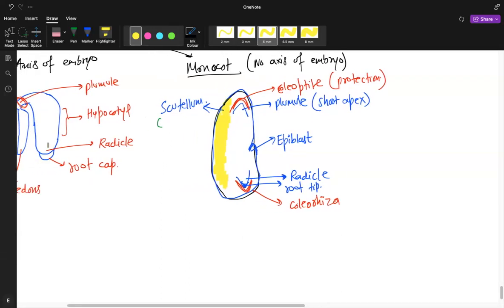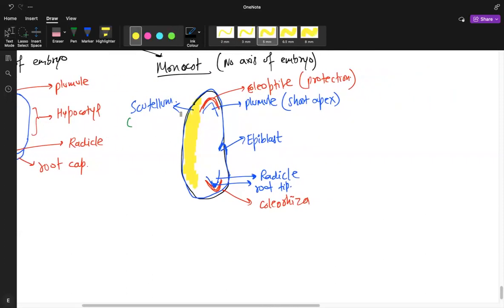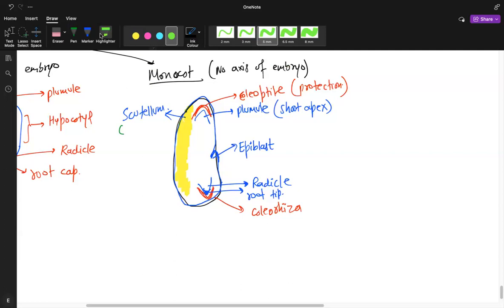In the other case, the cotyledons are present on both sides, from where the plumule comes out and this whole structure comes out. But in this case, it is the single cotyledon present laterally, lateral to the embryo.